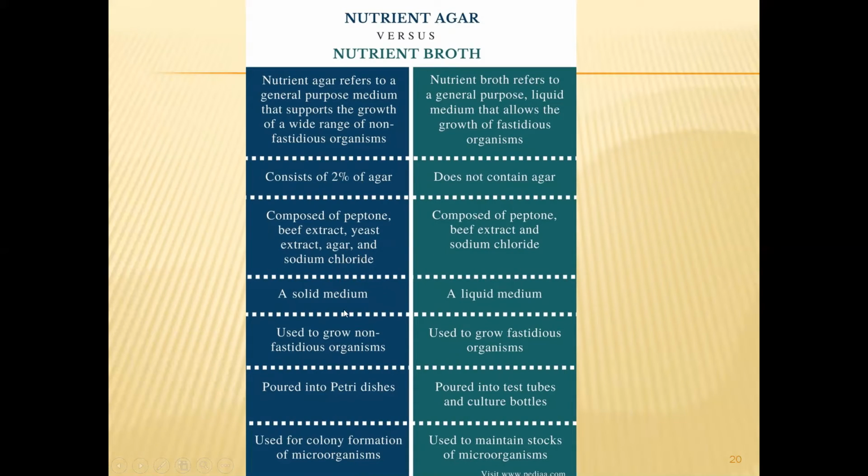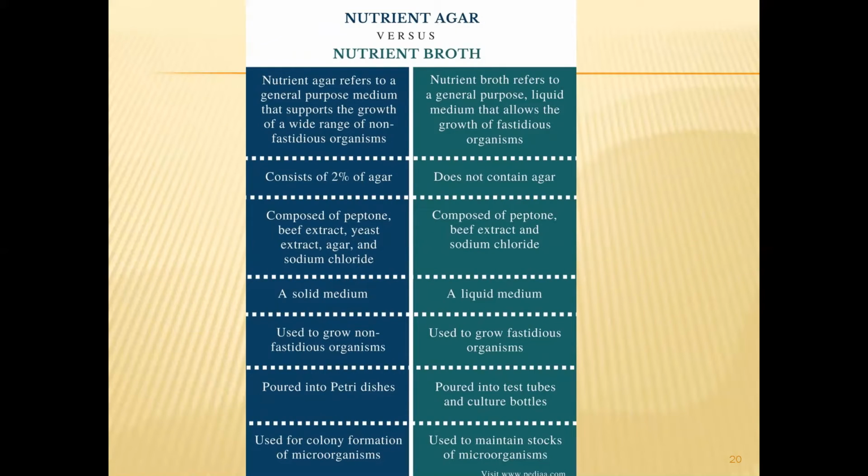Agar is a solid medium while broth is a liquid medium. Agar is used to grow non-fastidious organisms while broth is used to grow fastidious organisms. Nutrient agar can be poured into the petri dish while the broth is poured into the test tube and culture bottles.